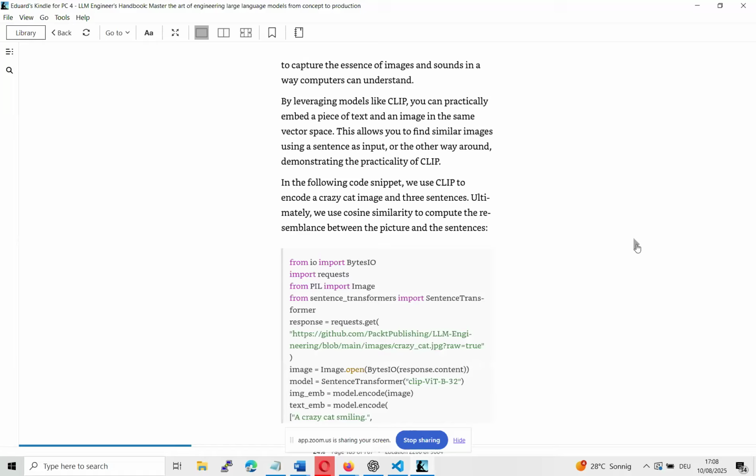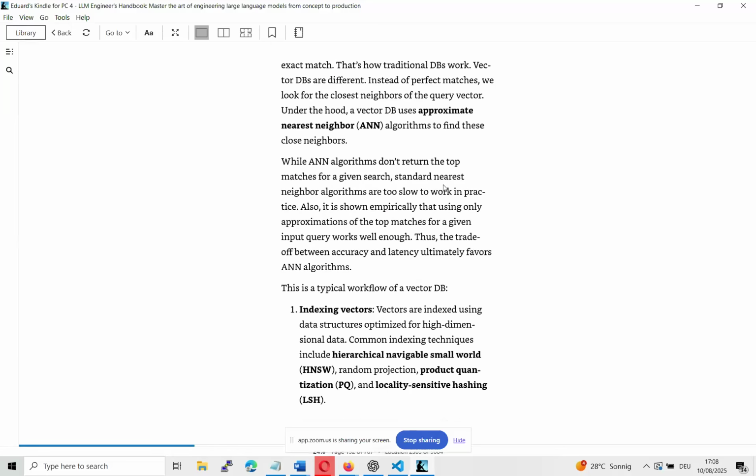Okay, last part is the vector database, which within the retrieval process performs approximate nearest neighbor algorithms in order to find the close neighbors, which means that the answers will not always be 100% accurate. It's an approximation by definition. The workflow within the vector database is as follows.